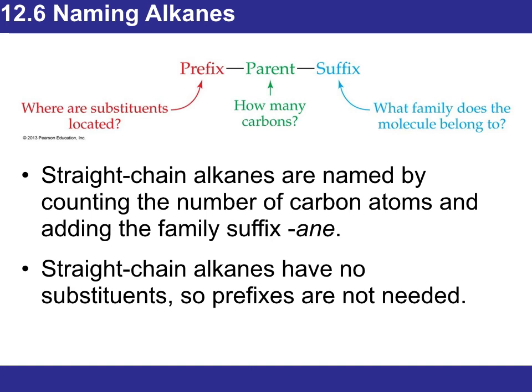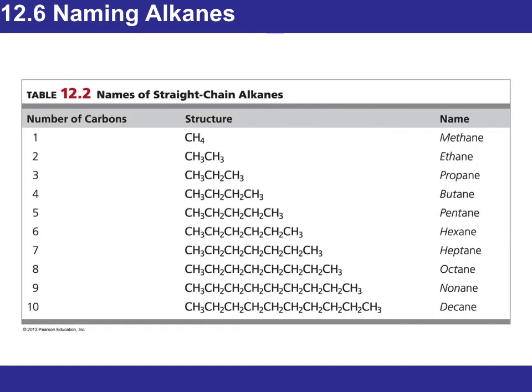So straight chain alkanes are named by just counting the number of carbon atoms and adding A-N-E if you find there's only 1 covalent bond between the carbon atoms. You have to know that table. 1 carbon atom is going to start with meth, 2 carbon atoms eth, 3 prop, 4 but, 5 pent, 6 hex, 7 hept, 8 oct, 9 non, and 10 dec.